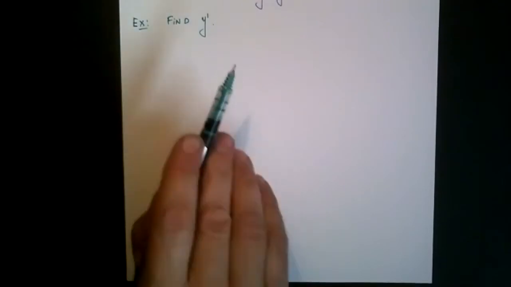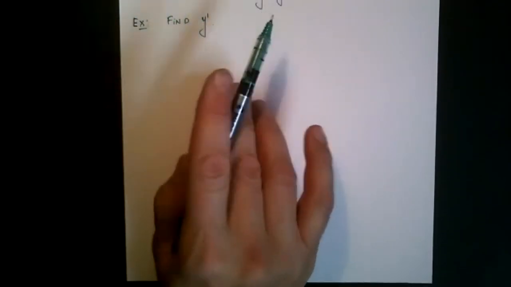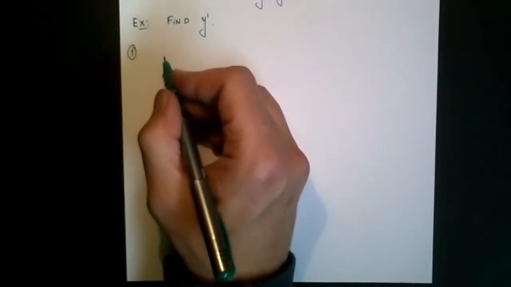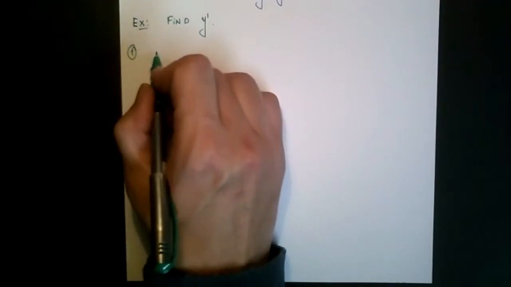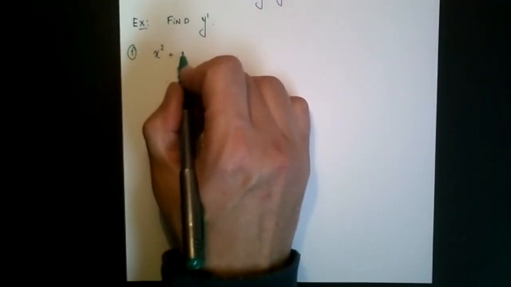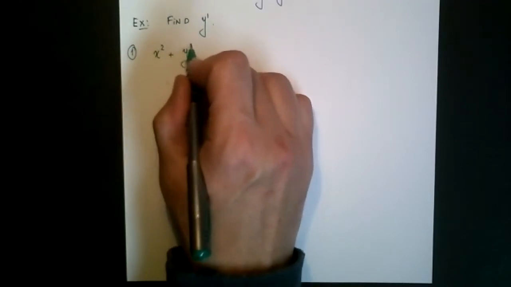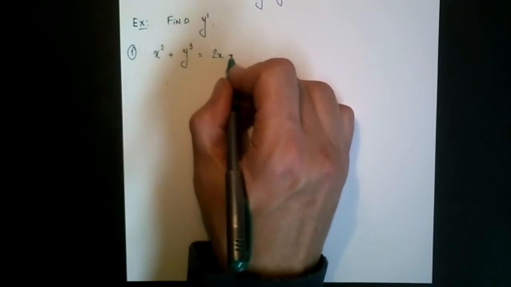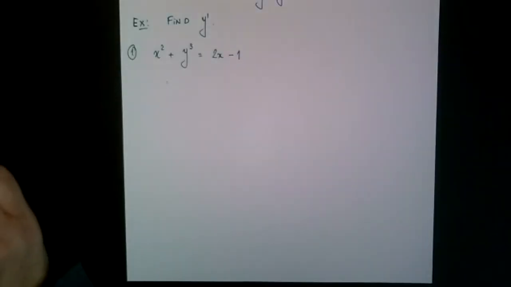Don't forget, very, very important, every time you see y, you have to understand that y is a function of x. So y is an expression that has x's inside. I'm going to do the first one. Let's say x squared plus y cubed equals 2x minus 1.